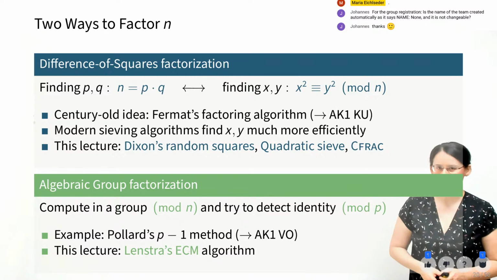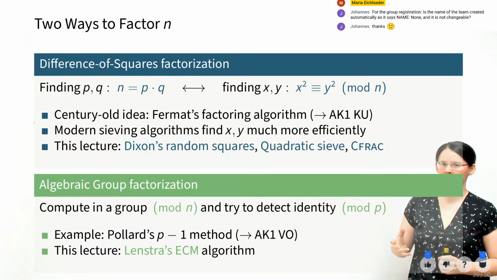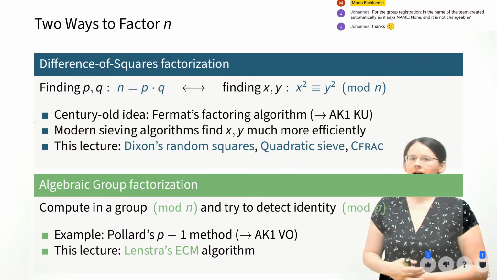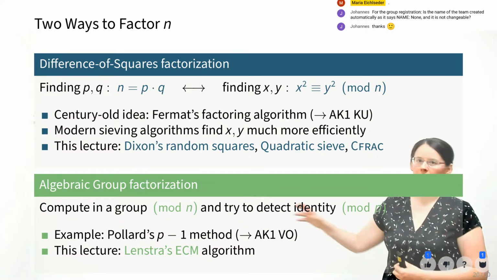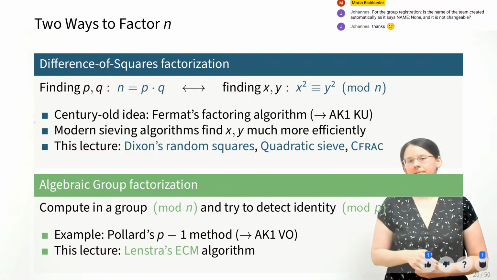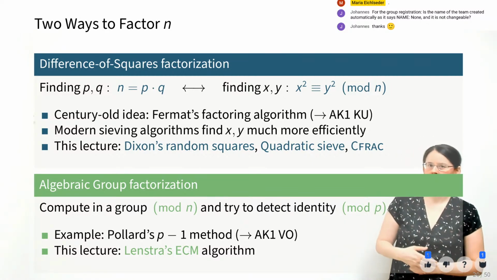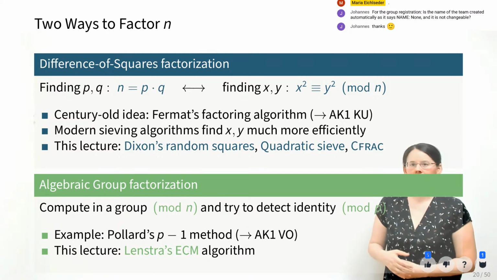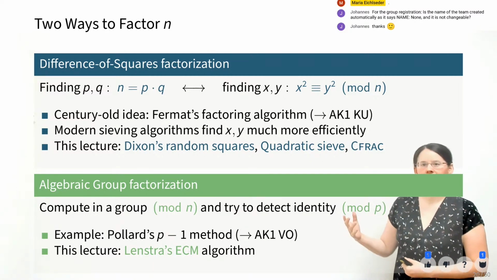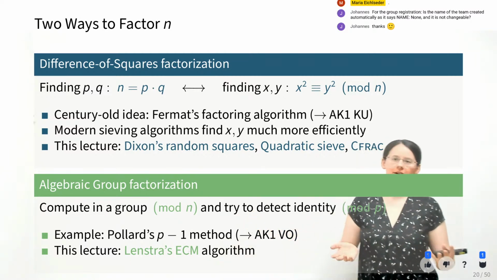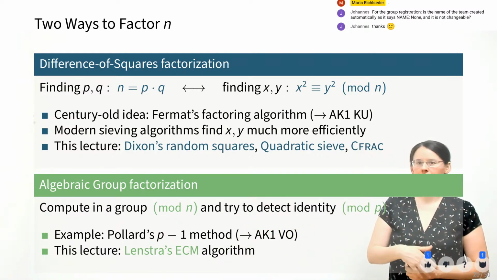So in particular, we try to find something that is a sort of identity if we look at it modulo one of the prime factors of n. And one of the examples of this is the Pollard p-1 method, where we assume that phi of n is n-1, but it actually isn't if n is not a prime number.